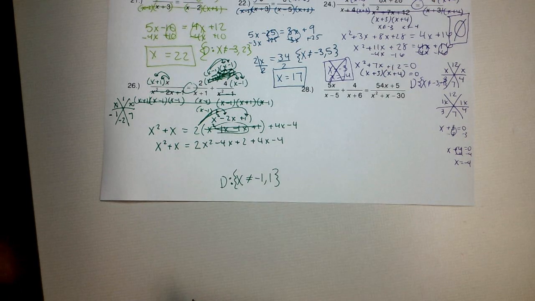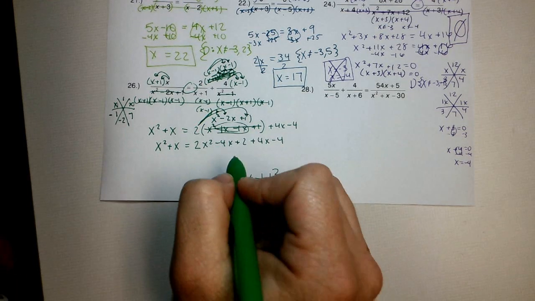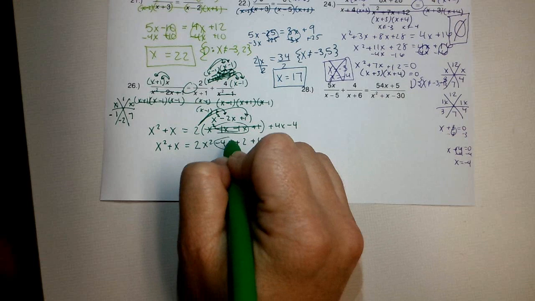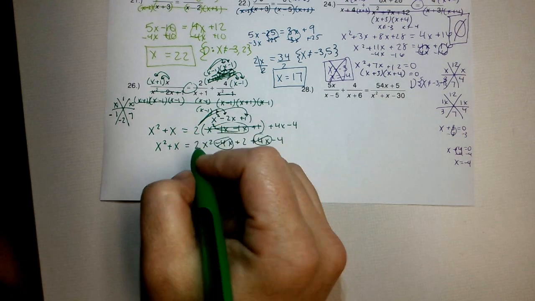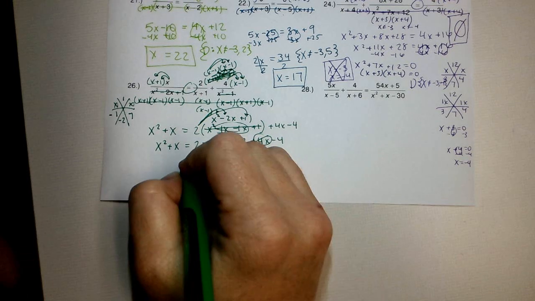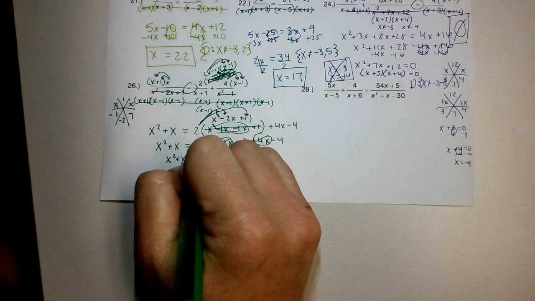And now we just need to combine like terms. Since we have something squared, we will have to factor, so we need to set this equal to 0. But I'm going to combine like terms first. So these actually cancel. And I get x squared plus x equals 2x squared.